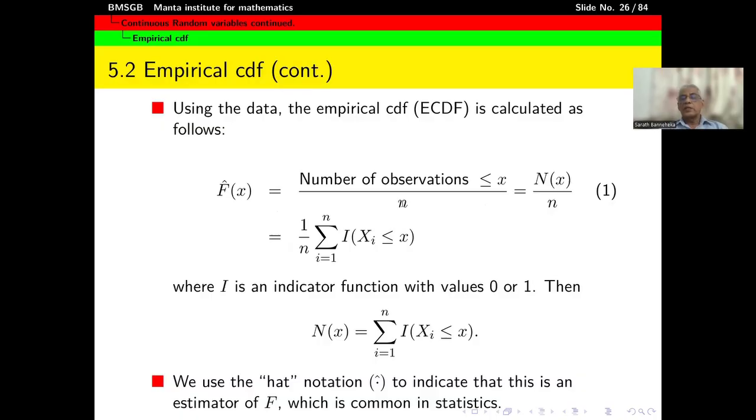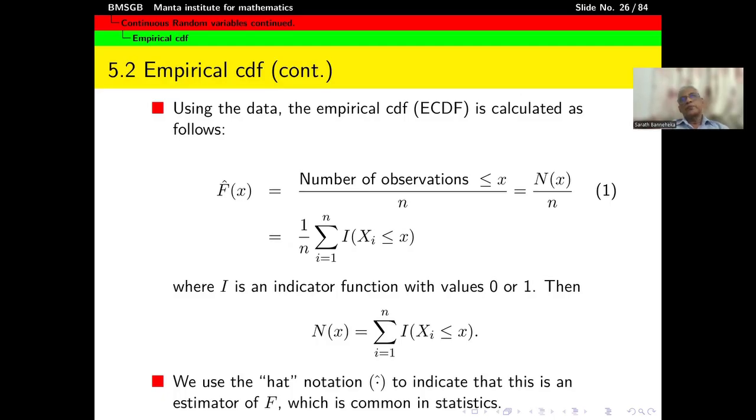So like that, you can understand that the value of f at x is going to be the same in some parts of the function, and it's going to have steps at each order statistic. At the first order statistic, it will jump from 0 to 1 over n. At the second order statistic, it will jump from 1 over n to 2 over n.